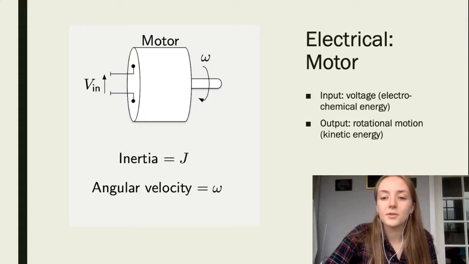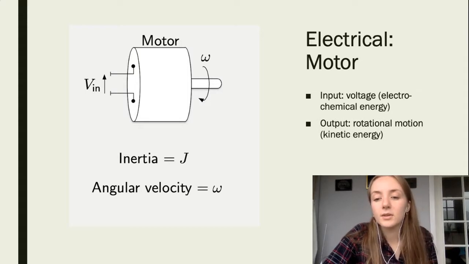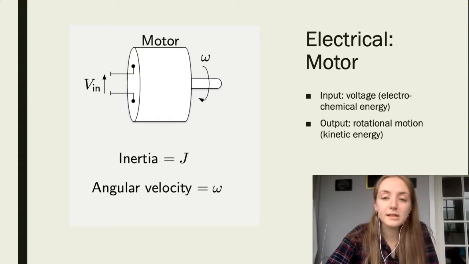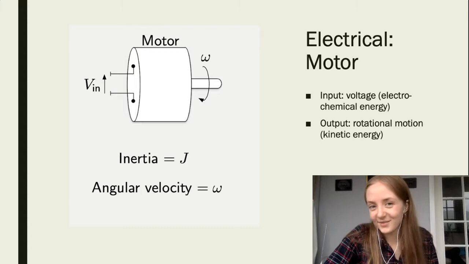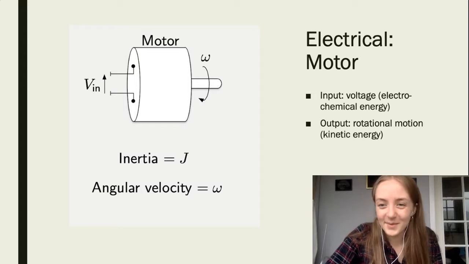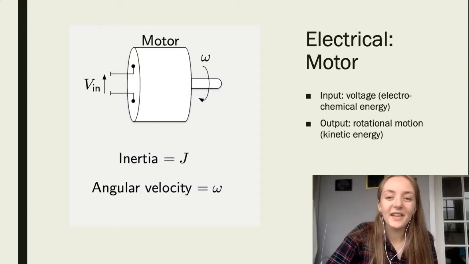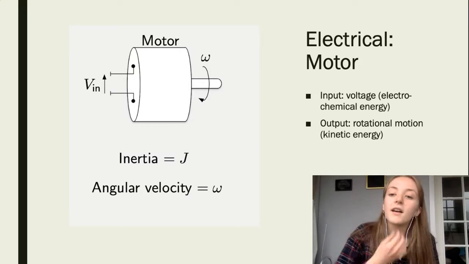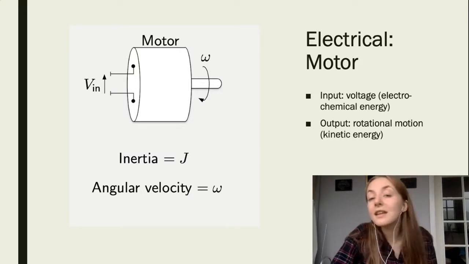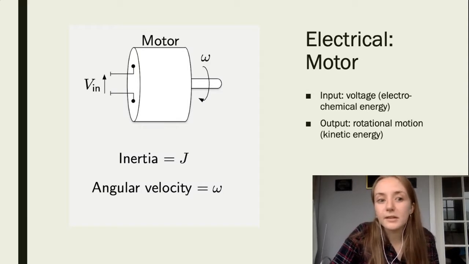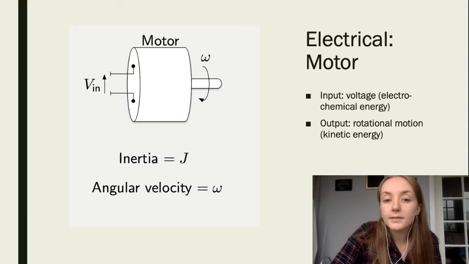So battery power is our input. The motor performs a process which is described mathematically by some equation which I don't know, but if you're cleverer than me, you might be able to work it out. And then we end up with a rotating part with some angular velocity, and this angular velocity is our output.